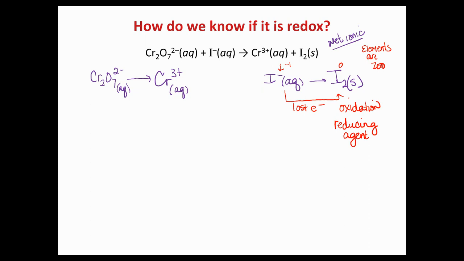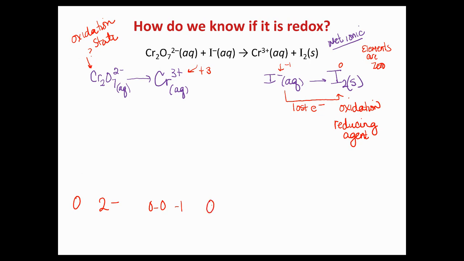Okay, now in the case of the chromium 3+, the charge on that for sure is +3. And then now we want to know what's the oxidation state of the chromium in dichromate. And this is where we need to have some help. So to determine its oxidation state, there are certain ones we're always going to know. Oxygen is 2- unless it's in a peroxide, and then it's 1-.